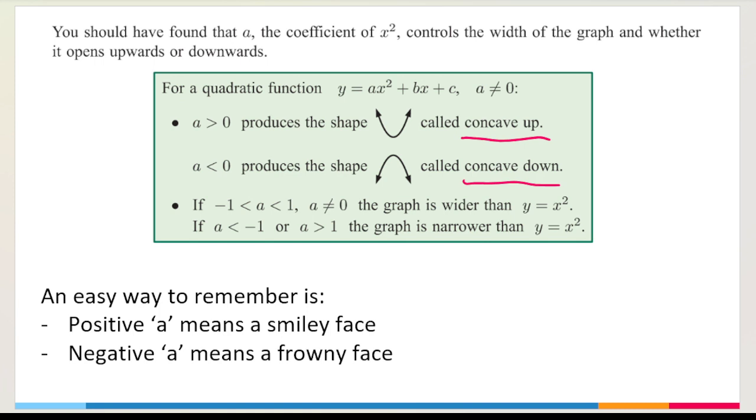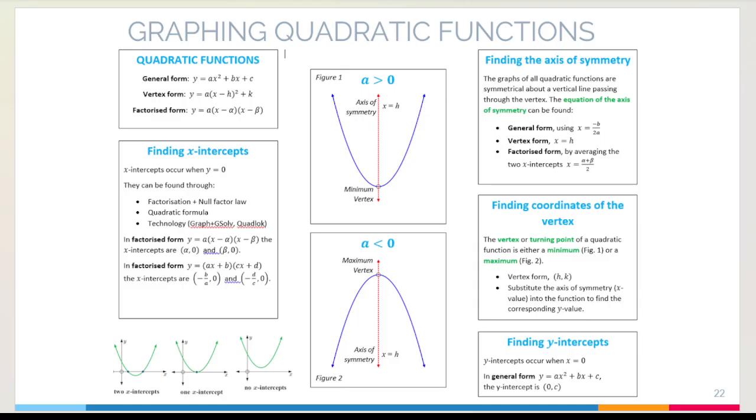We don't talk about convex, which you might have heard in some of your science or early maths. But effectively, at the end of the day, as long as you're identifying the positive a versus negative a, that's the key thing. Concave up and concave down, you can kind of gather that from the direction of your sort of infinite arrows and where they're heading.